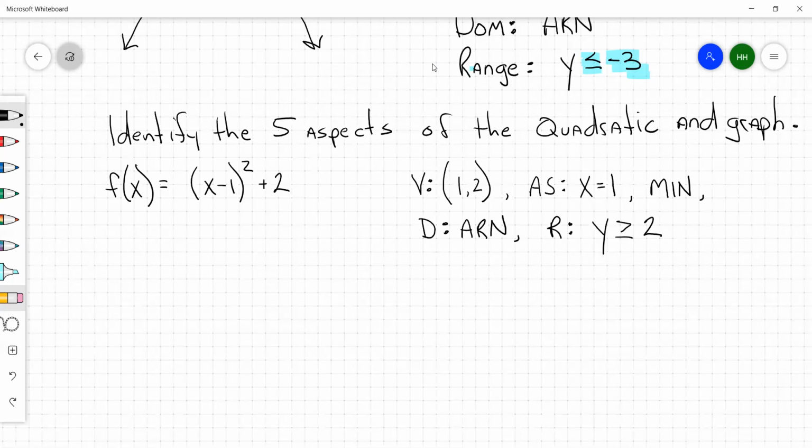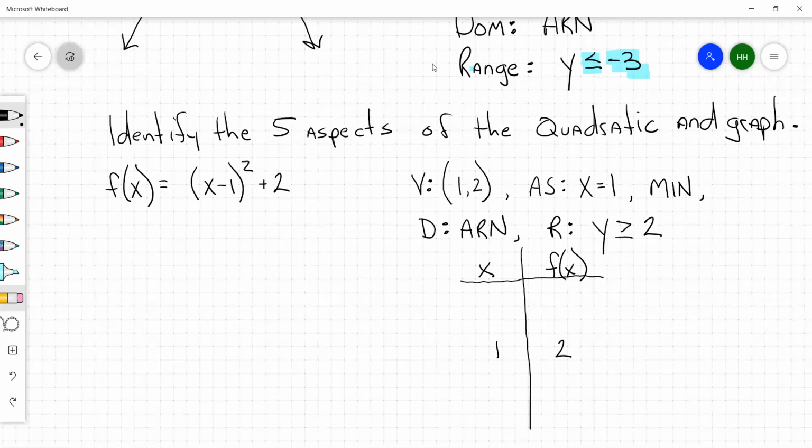The next thing you're going to do is the table of values. So you'll have your x and your f of x. And we said yesterday that the vertex is the first point that goes in your table of values, and we put it in the middle. So we go 1, 2.